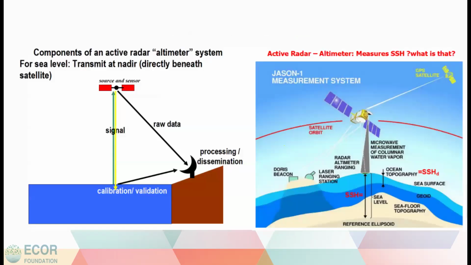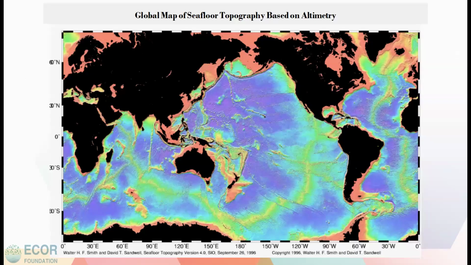So here is the component of the basic remote sensing methodology of radar altimetry, where we can see that the signal will be sent on its own and it will be reflected back to the same sensor's receiver, and the data will be sent to the processing unit for further analysis.